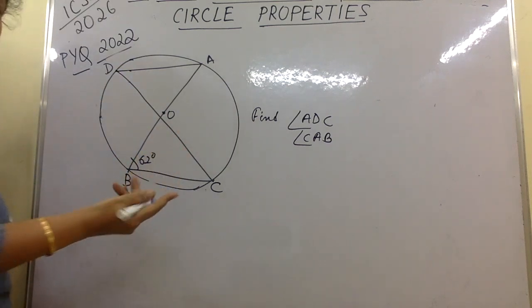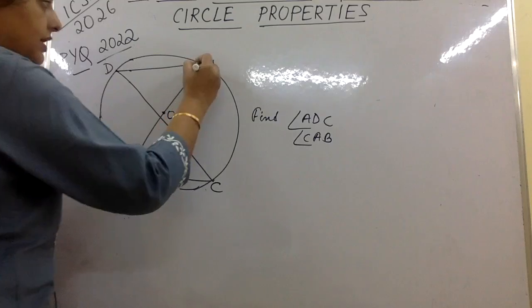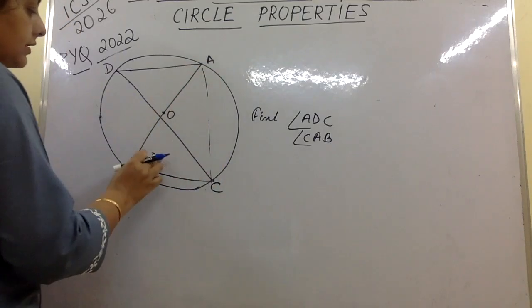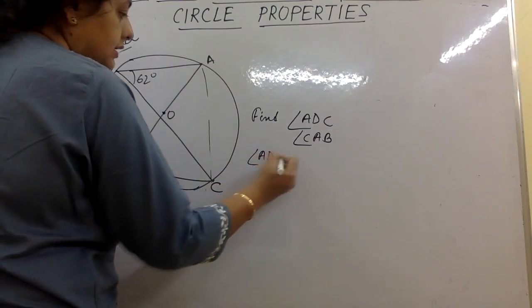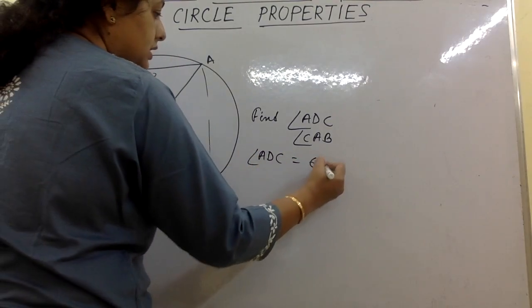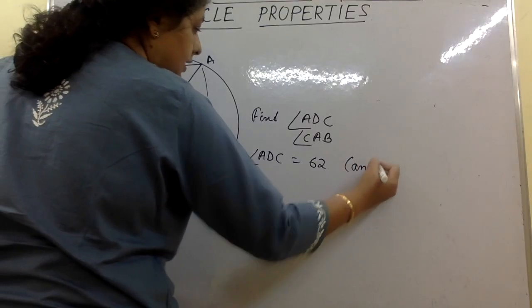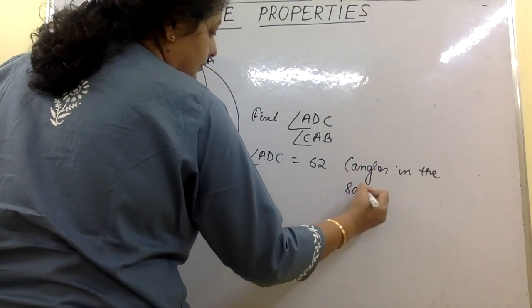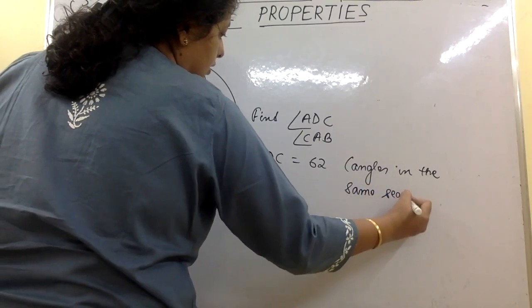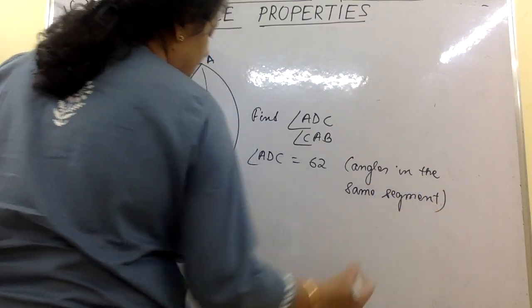Now these are angles in the same segment. If I join this, these are angles in the same segment. So this is also 62 degrees. Angle ADC is equal to 62, angles in the same segment.